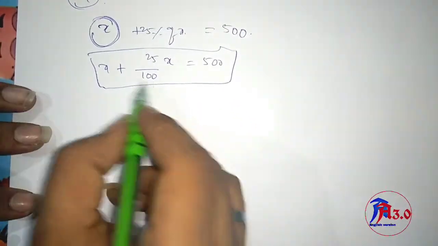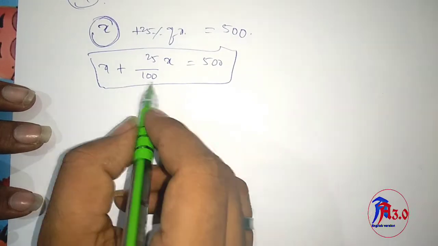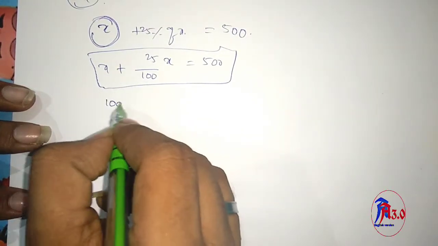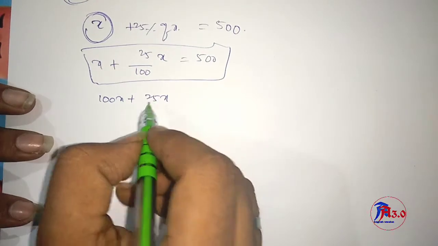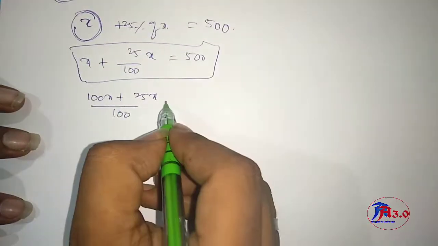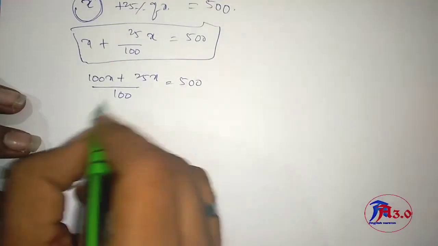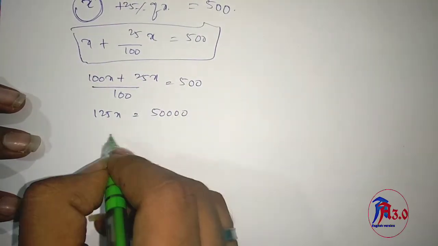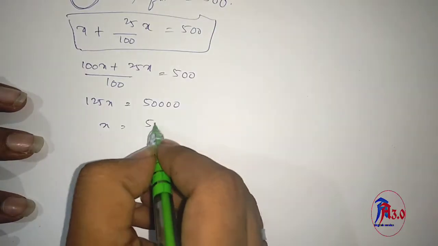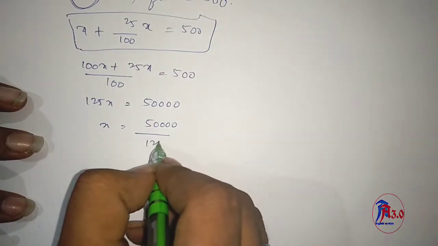So here let us calculate. What do we get here? 100x plus 25x upon 100 equals to 500. 125x equals to 50,000. So x equals to 50,000 upon 125.